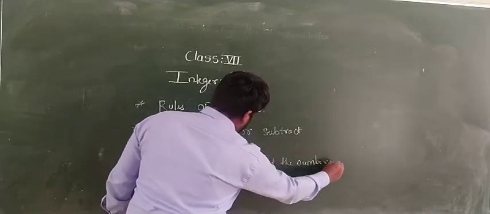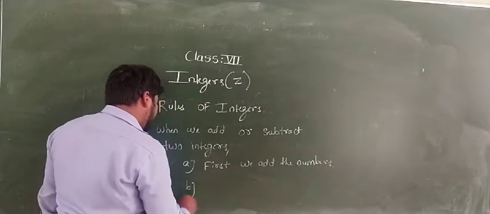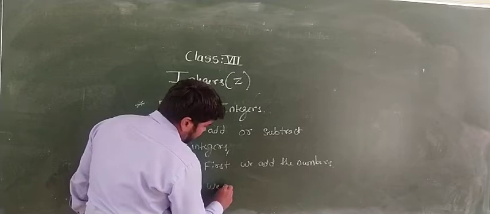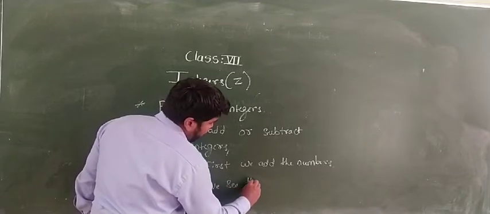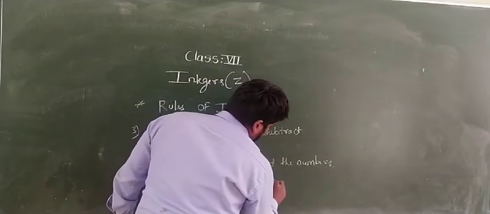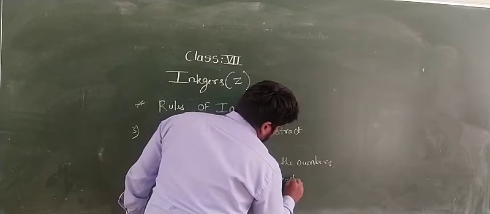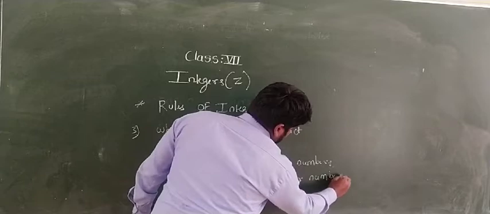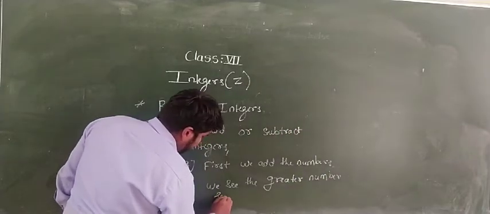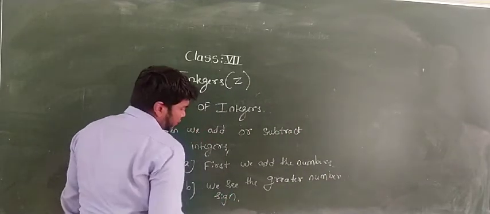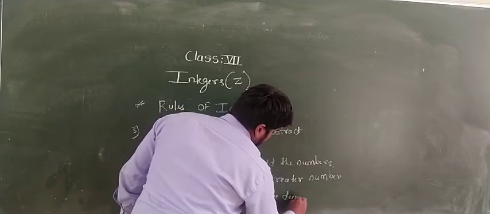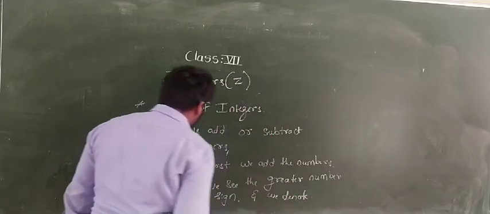Then, the second point: we see the greater number's sign, and we denote it. So this is your third rule.